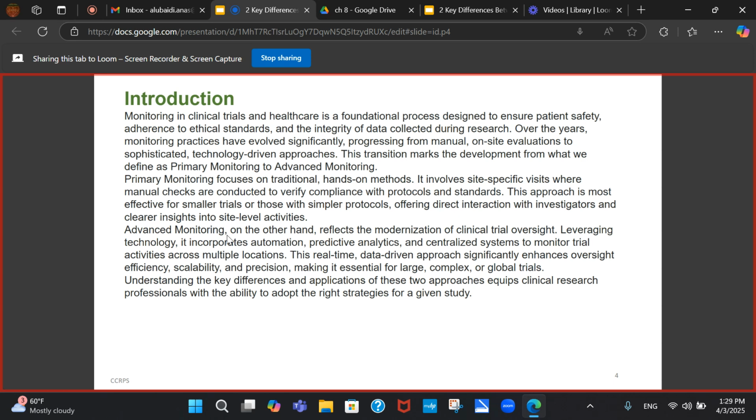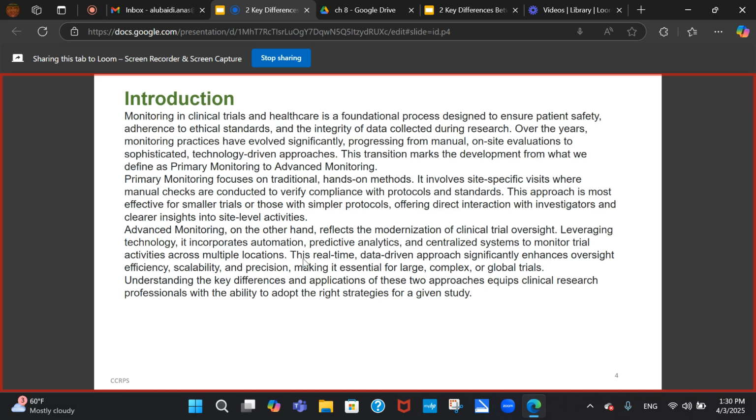Despite the different roles providing monitoring, advanced monitoring can be applied across multiple locations, with bigger trials that are global, international, or even national but within multiple locations.